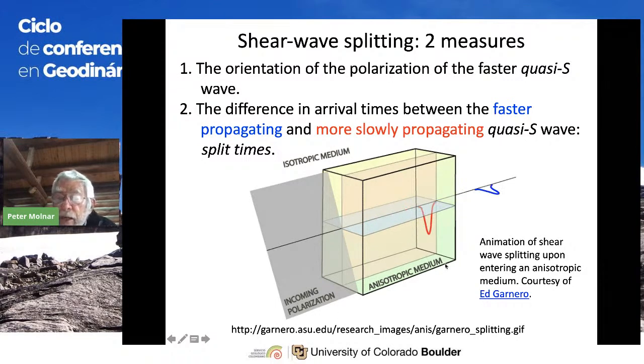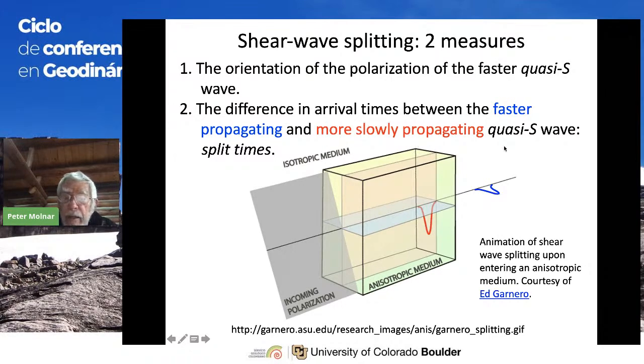So if I stop this here, the quasi-S wave that's polarized parallel to the maximum shear, this one, will arrive earlier than the other quasi-S wave, and the time between them will depend on the thickness of the layer through which they've propagated and the magnitude of the anisotropy. The split time isn't a direct measurement of either the magnitude of anisotropy or the thickness of the layer, but it depends on the two of them together.